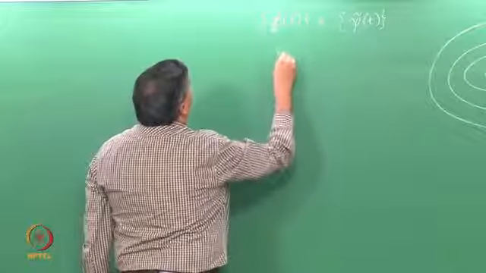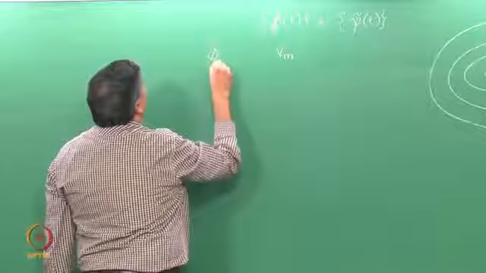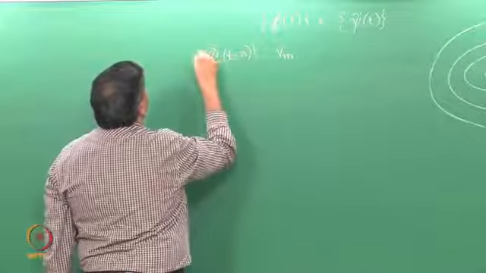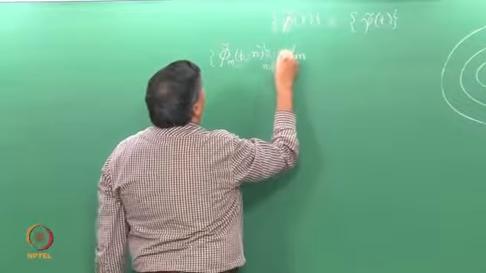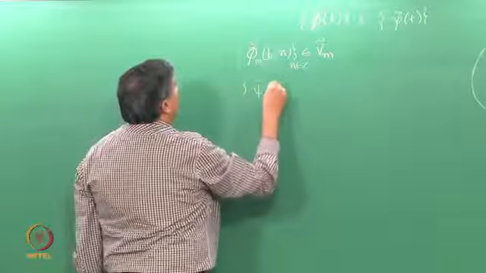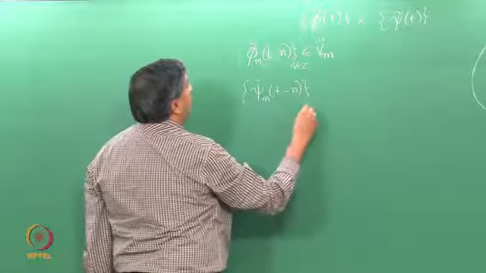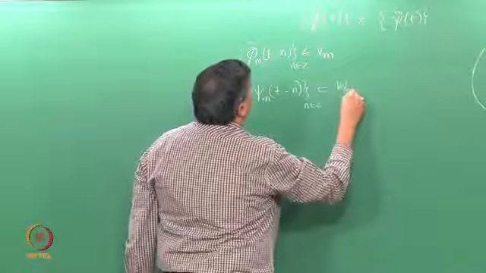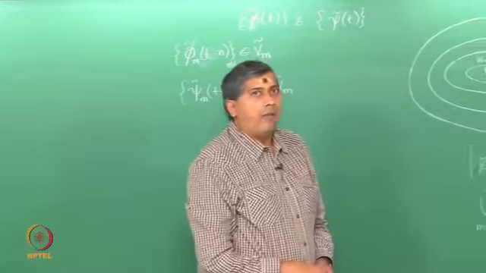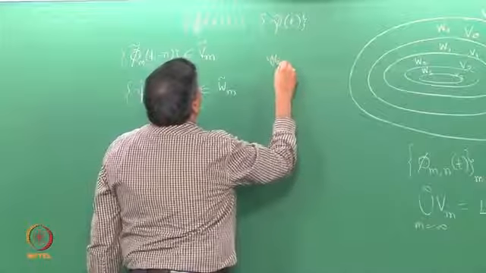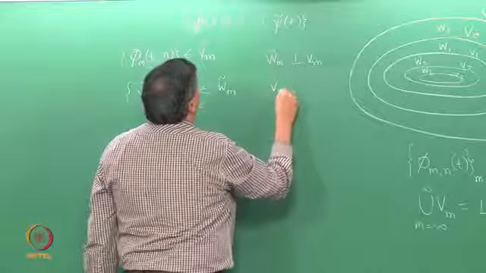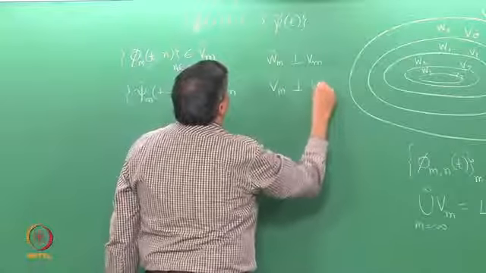If you use a notation now that the subspace spanned by phi tilde m of t minus n, where n is some integer set, let us say this spans Vm tilde, and likewise the set of wavelet functions, but the synthesis wavelet functions and their integer translates span Wm tilde, then we arrive at biorthogonal wavelets by requiring that Wm tilde be orthogonal to Vm and Vm tilde be perpendicular or orthogonal to Wm.